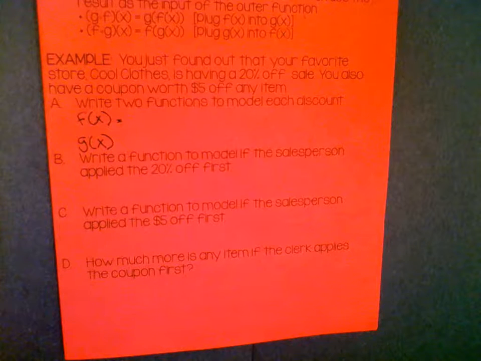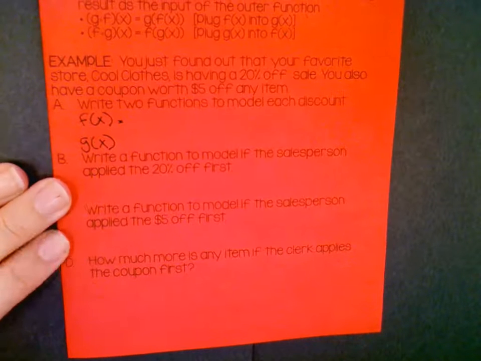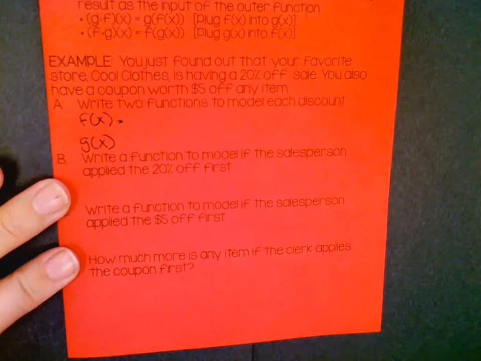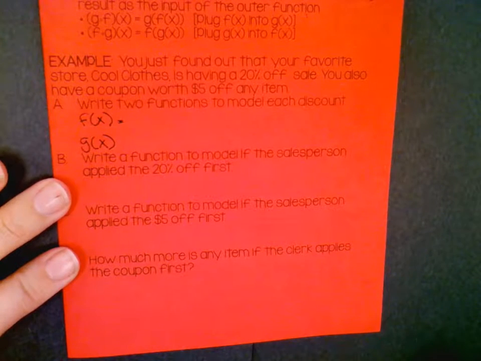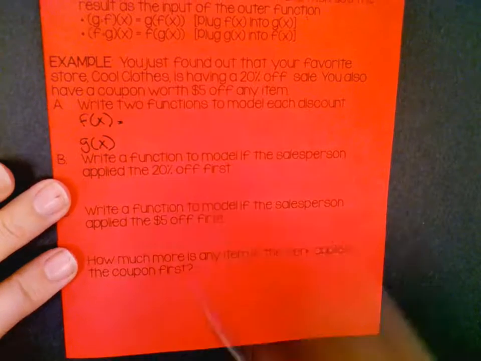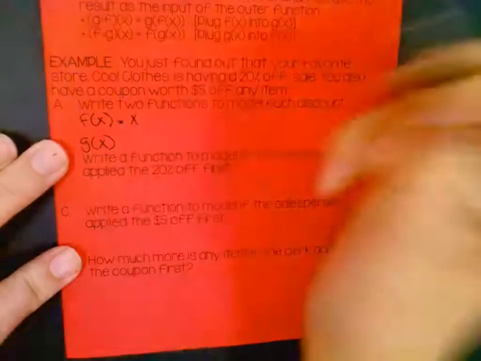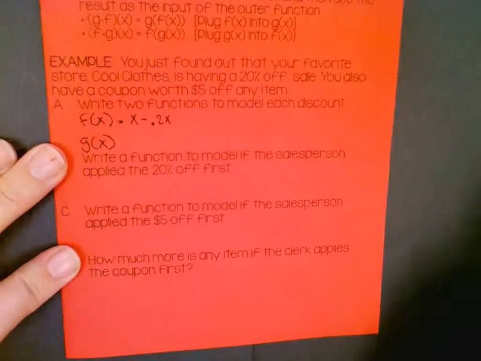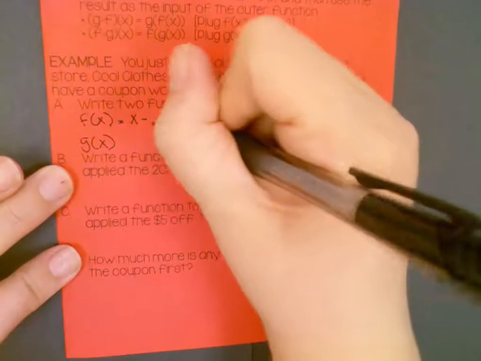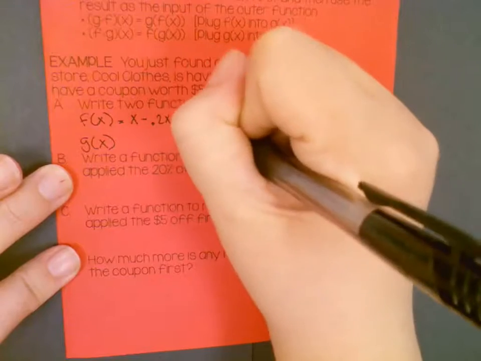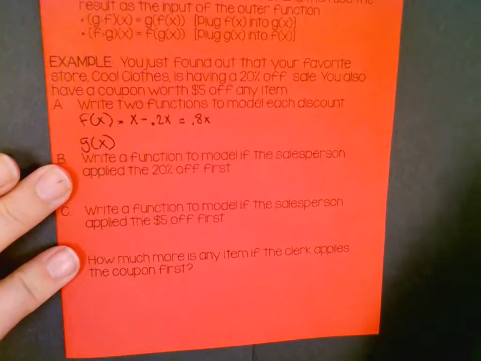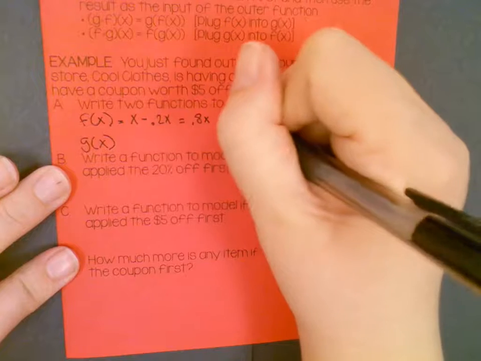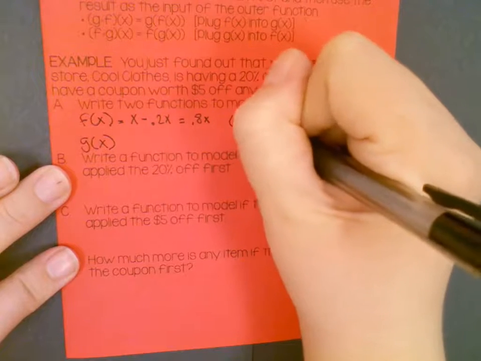So 20% off is like subtracting 0.2 of our total, right? Because 20% is 0.2. So if our total is X, 20% off would be subtracting 0.2 of our total. So that's like paying 0.8 or 80% of the cost. So this equation was for modeling the 20% off.